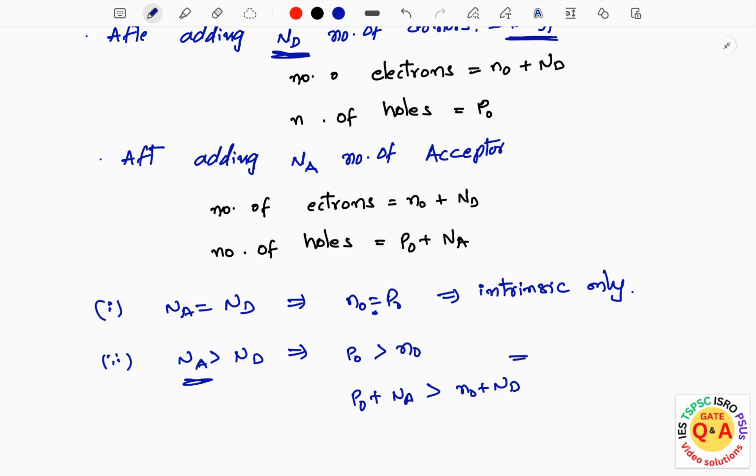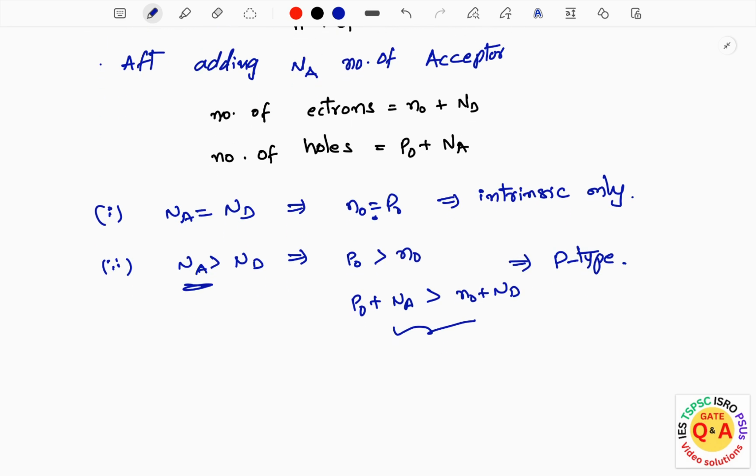In that case the semiconductor will become p-type. Here the difference of the carrier concentration is Na minus Nd. This is also called the effective holes.